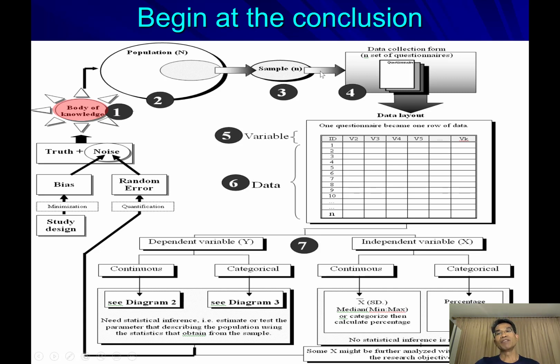And then from that, we need to measure or collect the data. So we will have a data collection form. It could be a set of questionnaires, for example, or a case record form, or CRF. So that's number 4, the tools to collect the data. And then we transcribe the data collected in those forms to a database.